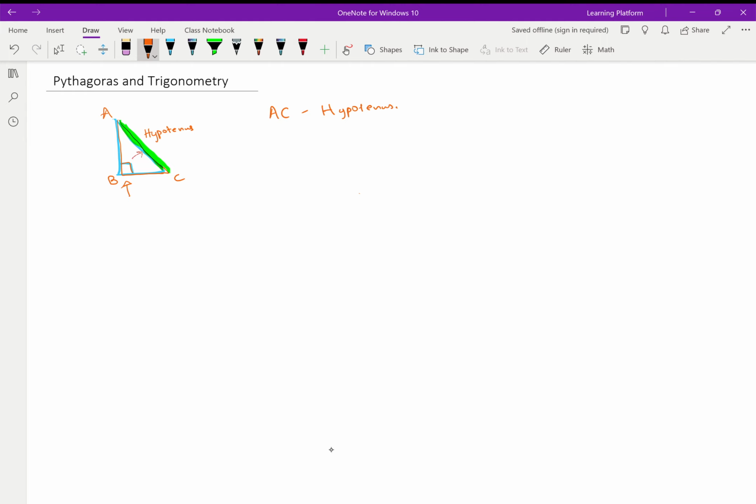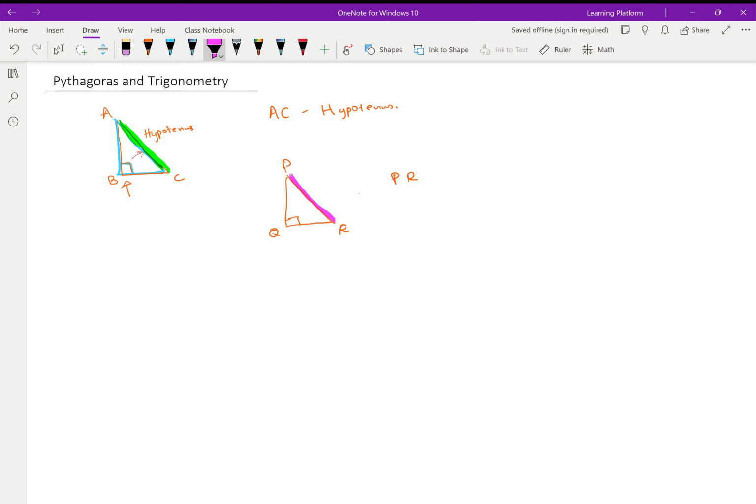I will draw another triangle. This is my right angle, PQR. So here, what is the hypotenuse? Hypotenuse is PR. So now I will write this Pythagoras theorem. Theorem mentions like this.